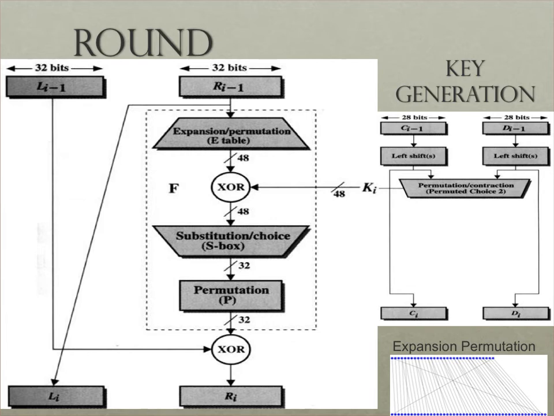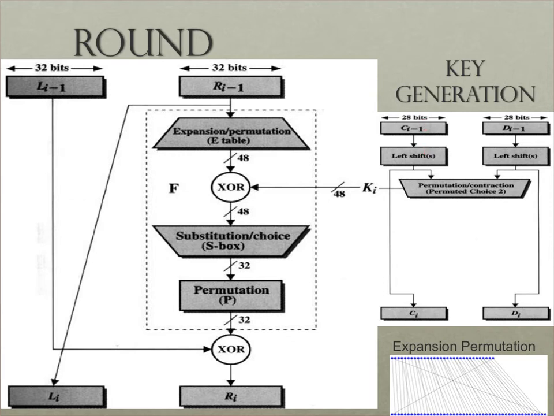Okay, so we're back to talk about the structure for this. As we can see, the input to stage i is Ci-1 and Di-1, which constitute the output of permutation choice 1, which compresses or contracts the 64 bits to 56 bits, so 28 and 28.